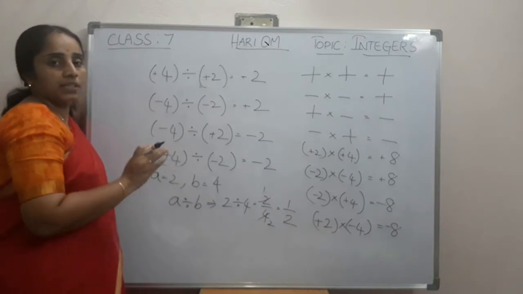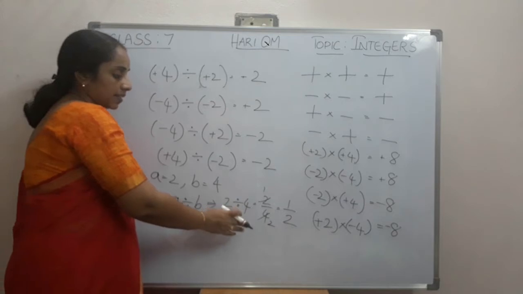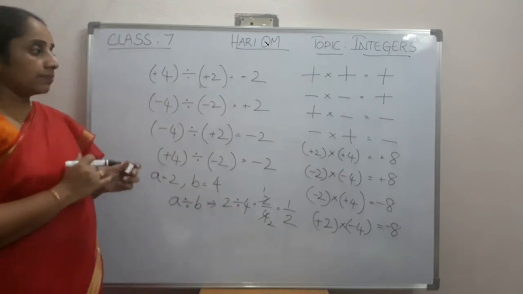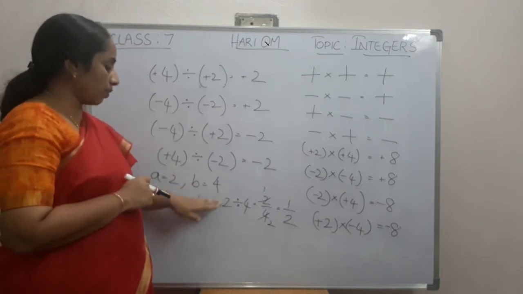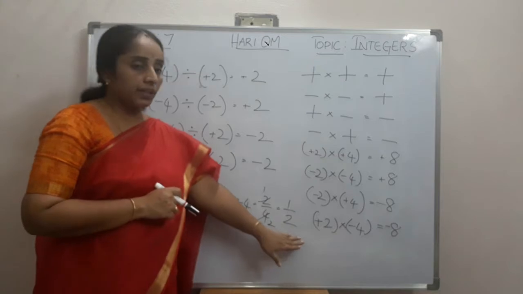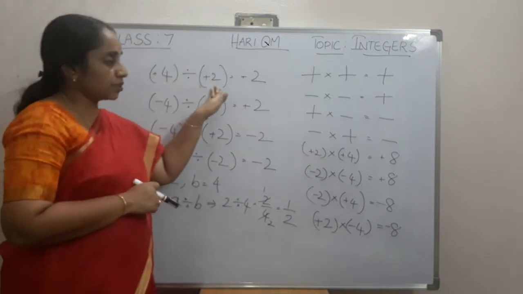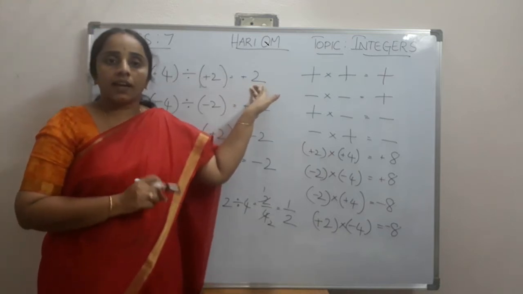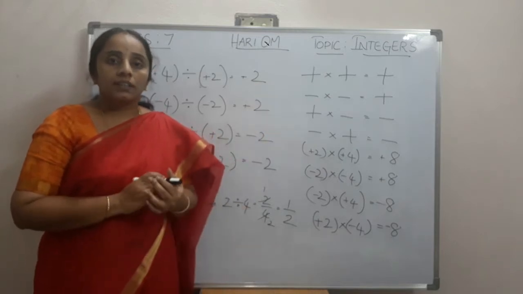In case of division, with a as 2 and b as 4, it does not satisfy. If a is 4 and b is 2, then a divided by b is an integer, so it satisfies closure property.